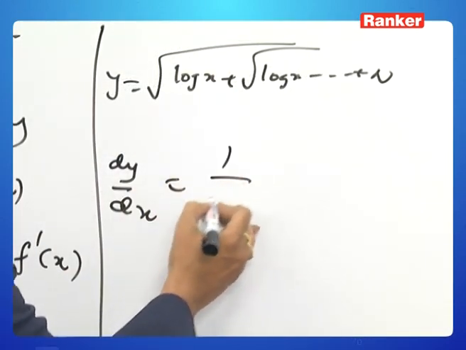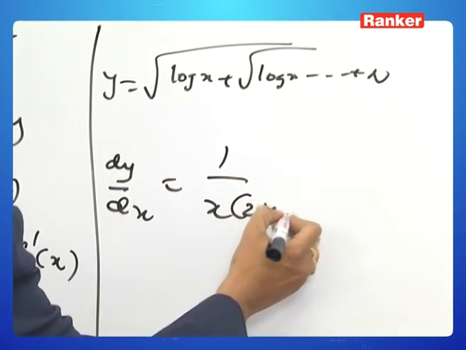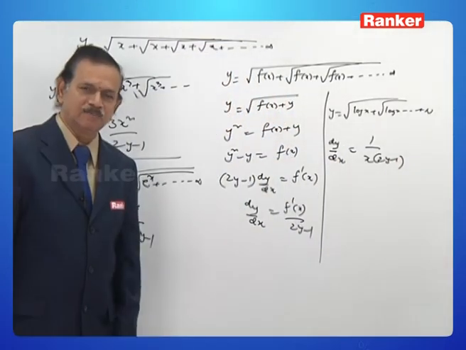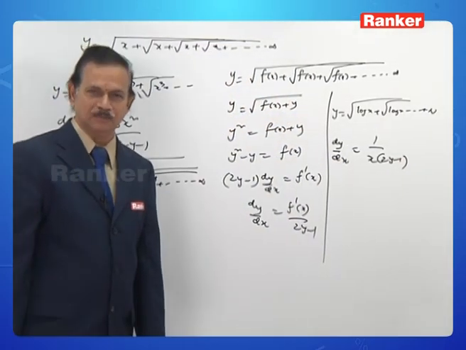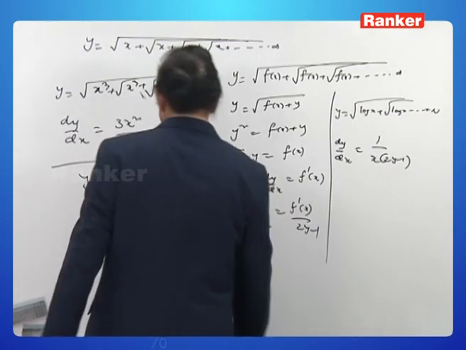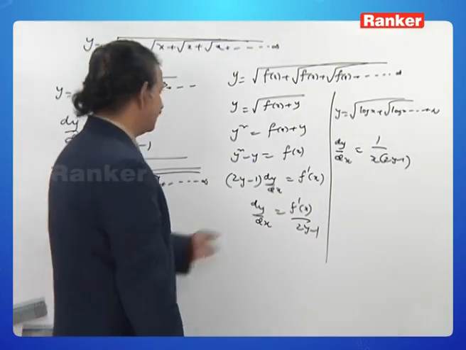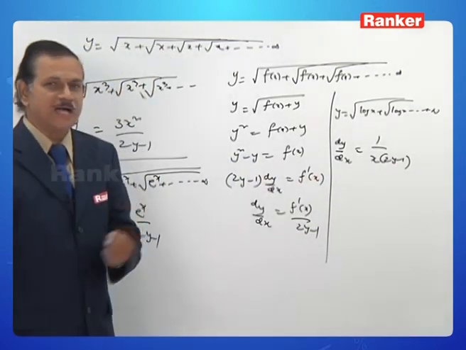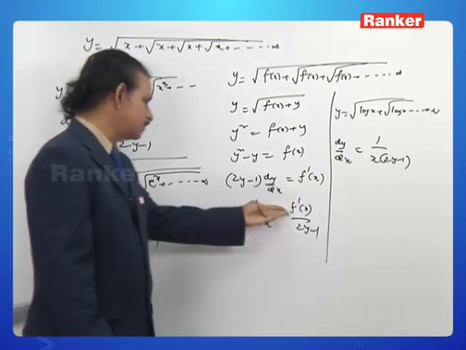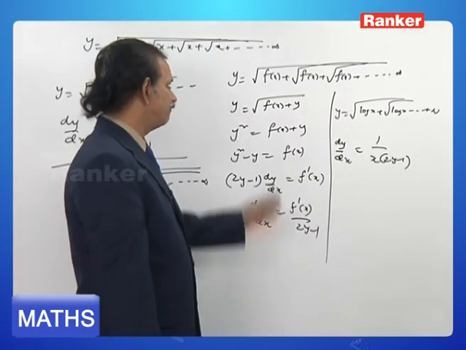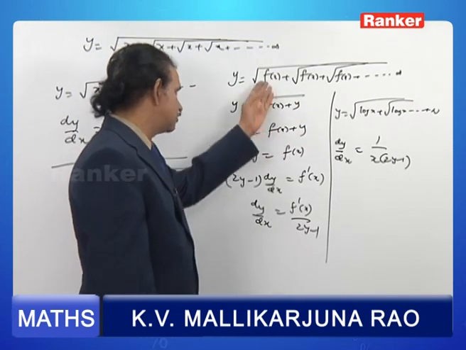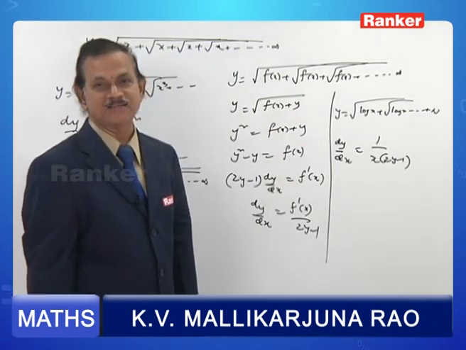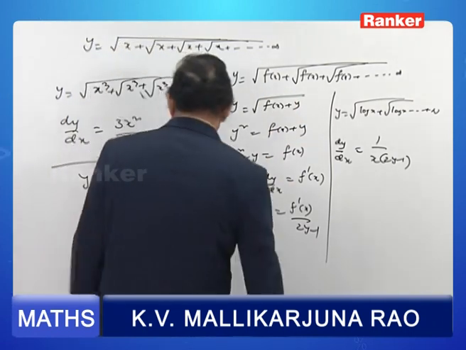Hence the answer is 1 by x into 2y minus 1. Therefore, to answer all these questions, this result is helping us: if you have a function of this form, then dy by dx is f dash x by 2y minus 1.